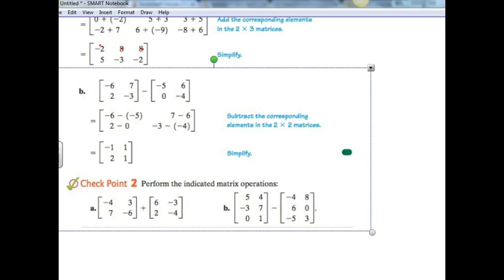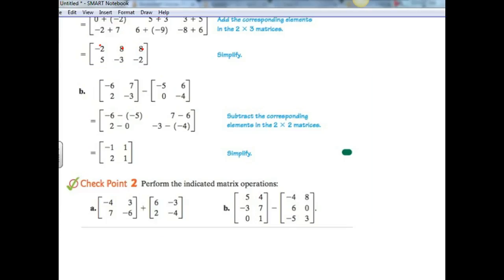All right. Now, if we do the couple of checkpoints ourselves here, you're going to get the same size as you start with. So if I start with a 2 by 2 and I add a 2 by 2, I'm going to get a 2 by 2. So negative 4 plus 6 is going to be positive 2.